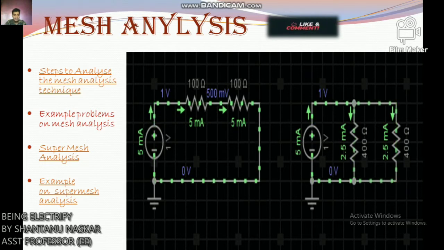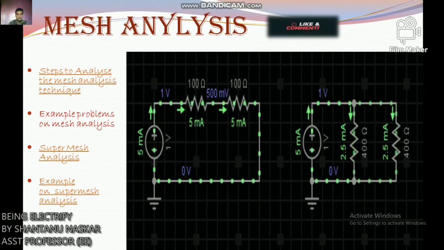To solve any circuit, mesh analysis applies Kirchhoff's voltage law to determine the unknown current in a given circuit. Mesh analysis is also called the mesh current method or loop analysis. After finding the mesh currents using KVL, voltage anywhere in a given circuit can be determined by Ohm's law.